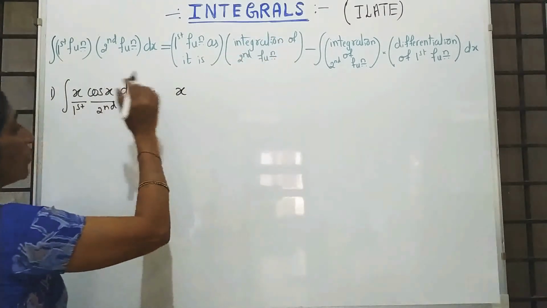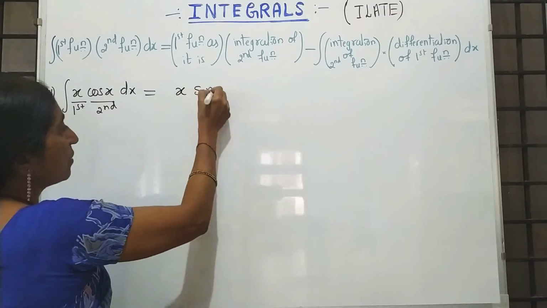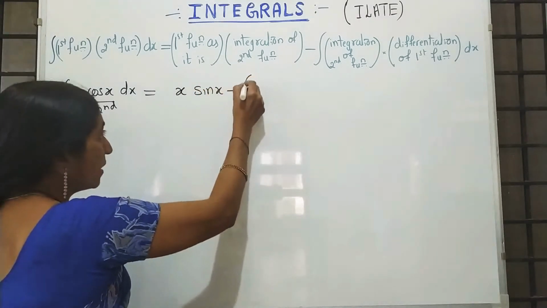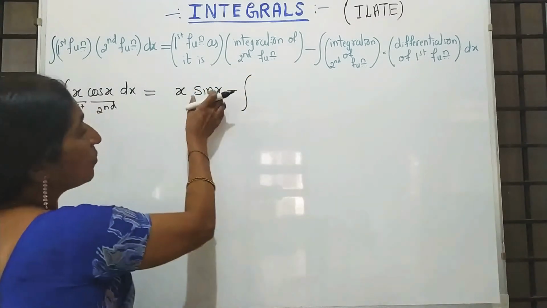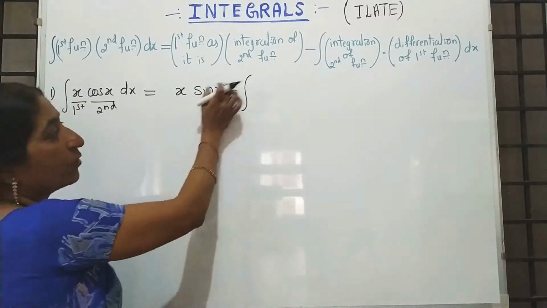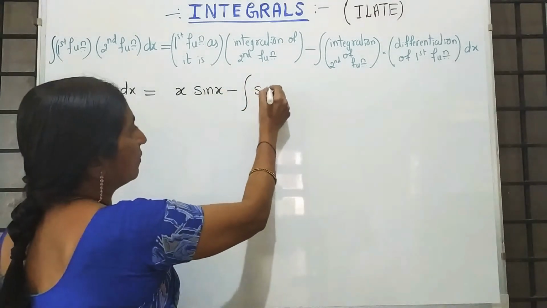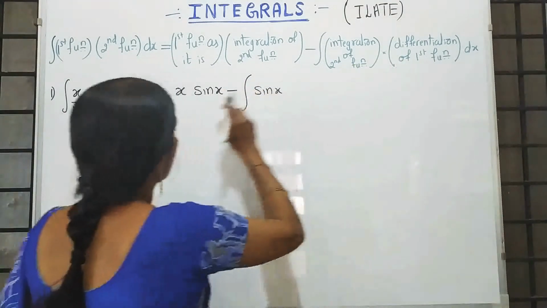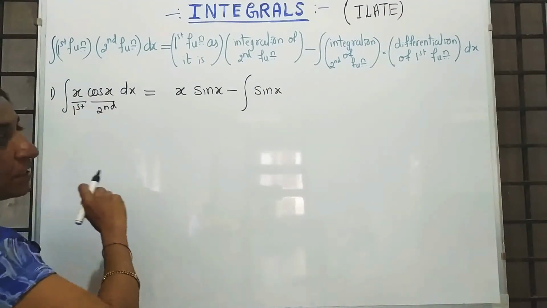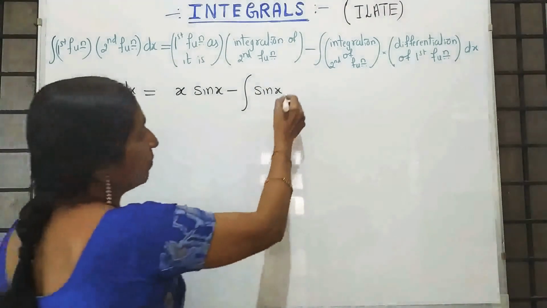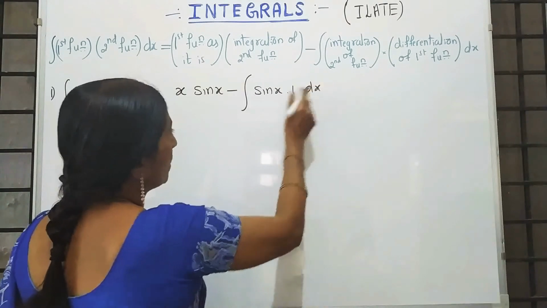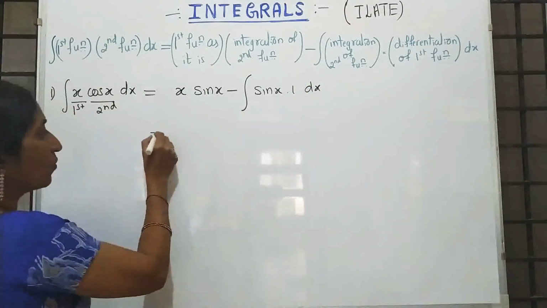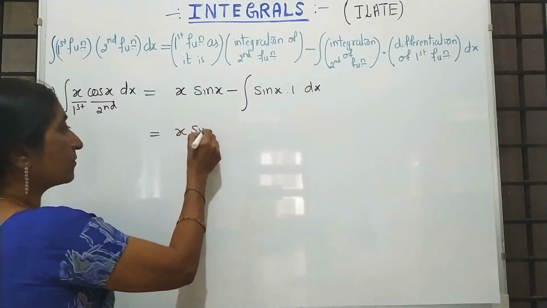Integration of the second function, integration of cos x, is sin x, minus integration sign. Whatever term you are writing here, write down that term, sin x. Next, differentiation of the first function. The first function is x; differentiating with respect to x gives 1. That means when you multiply, you will get only one term containing x.